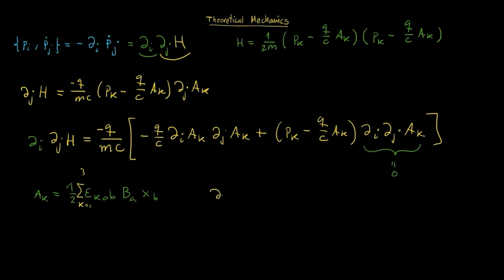Then if you perform a partial j derivative over A_k, you will obtain, let's delete, the sum is here, but we cannot see the sum. So this is 1/2 epsilon_kab a_a, and the derivative of x_b with respect to x_j is delta_bj.